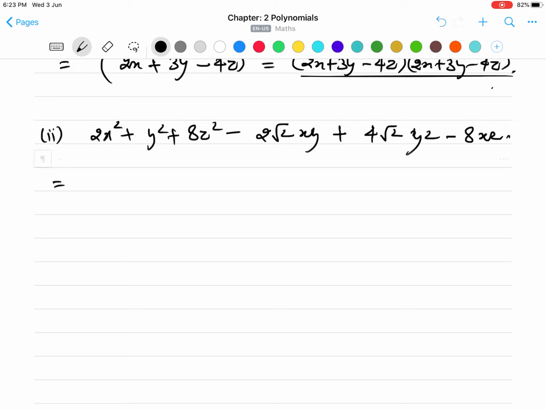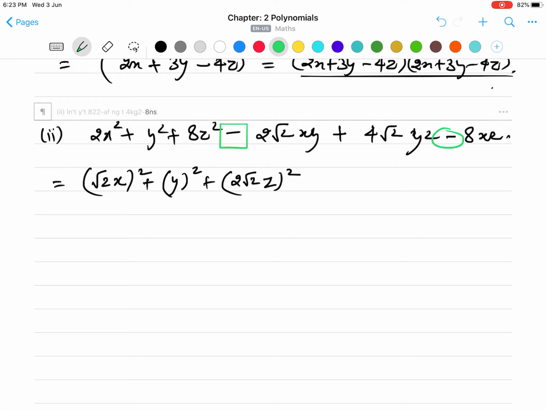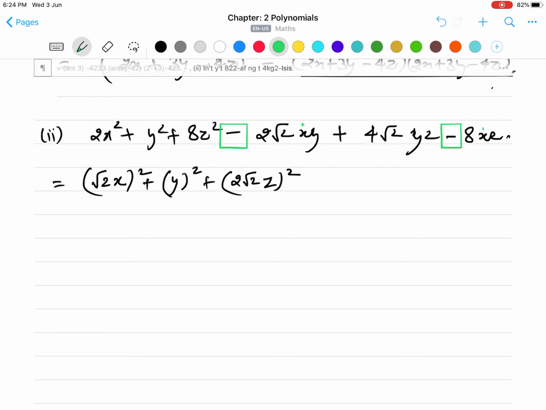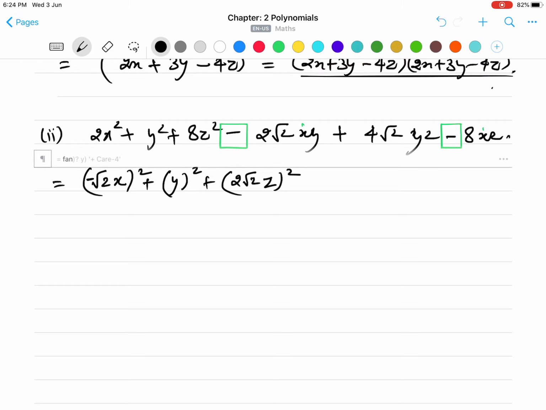So now we can write 2x square as (root 2 x) whole square, which is again 2x square. y square can be written as y square. 8z square can be written as (2 root 2 z) whole square. Now you will notice that these two terms are with minus sign and the variable common here is x. That means the variable x is with minus sign here.